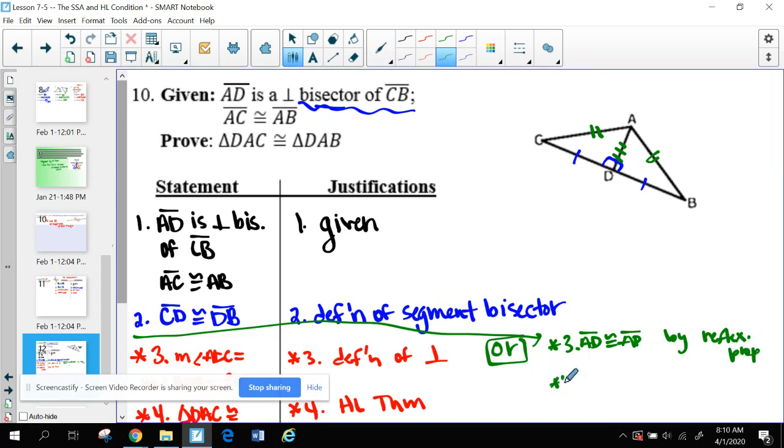And then our last step would be that the triangles are congruent. But now we would say it's by side, side, side. Okay, so you have options there. You could go either route with this one. Being that it was in our HL theorem section, I'd probably prefer the HL theorem for this one, but it wouldn't be wrong to go with side, side, side.